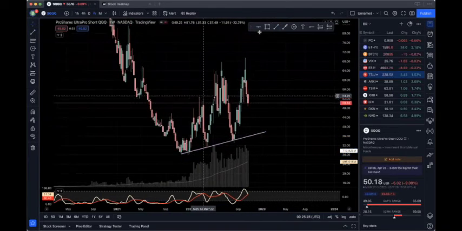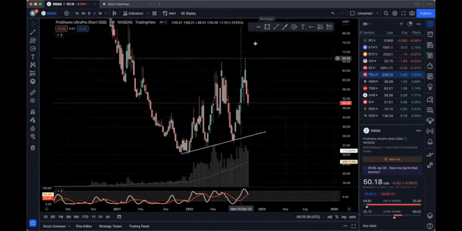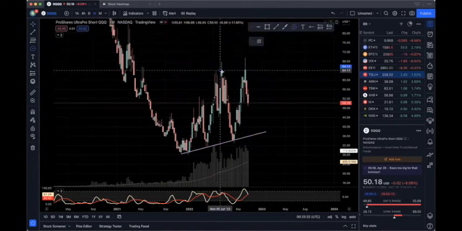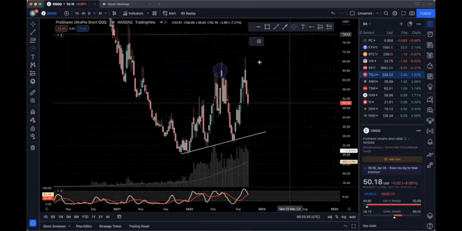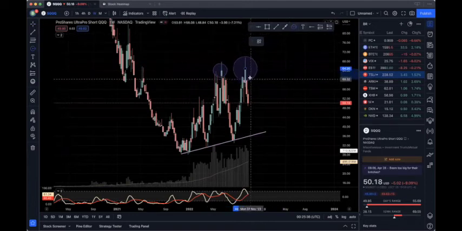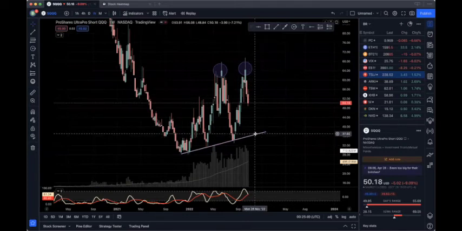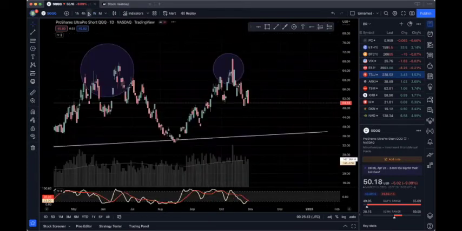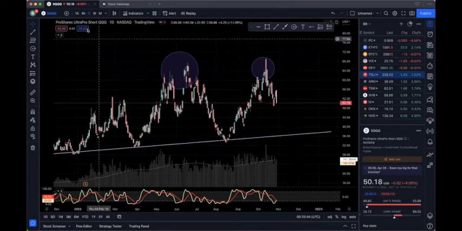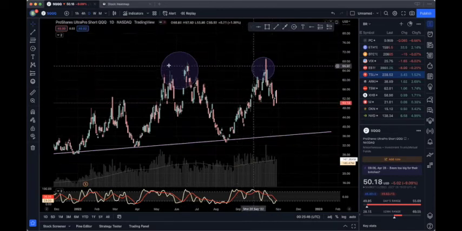What else can we see here? A double top. That's a very obvious thing. So more than likely, we're probably going to move back down to this level.